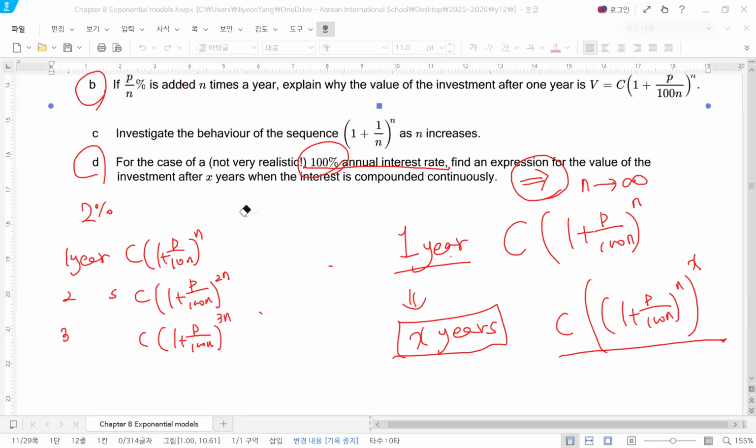Sorry, this question is really difficult because they wanted to tell you how we invent e, the Euler number. So the total, continuously means, what did I tell you? n goes to infinity of C(1 + P/100n)^(nx). Do you understand? Okay, and still this is very difficult.